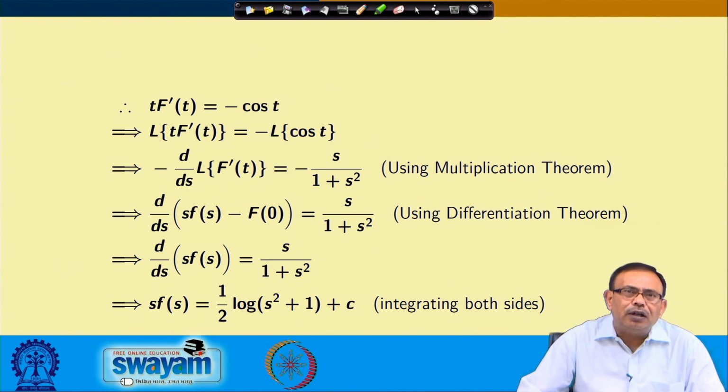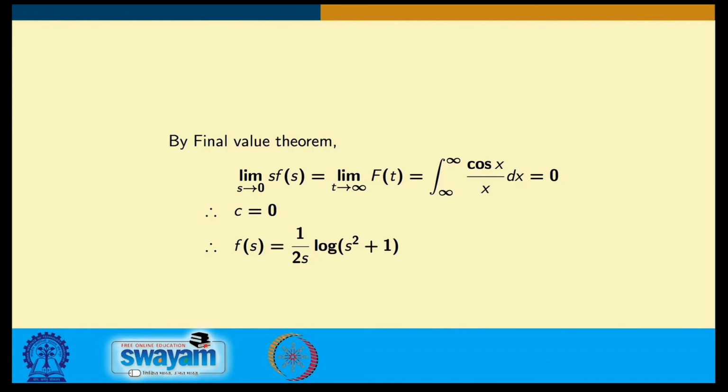Now, here again I have to find the value of the constant of integration c, using the final value theorem: limit s approaches 0 of s F(s) equals limit t approaches infinity of f(t), which equals the integral from infinity to infinity of cos x by x dx.